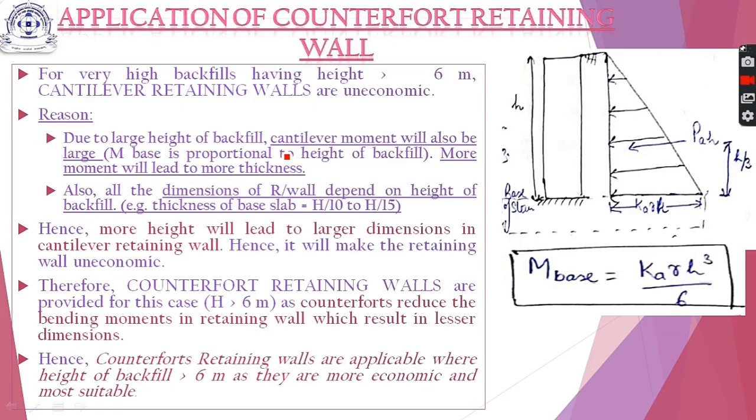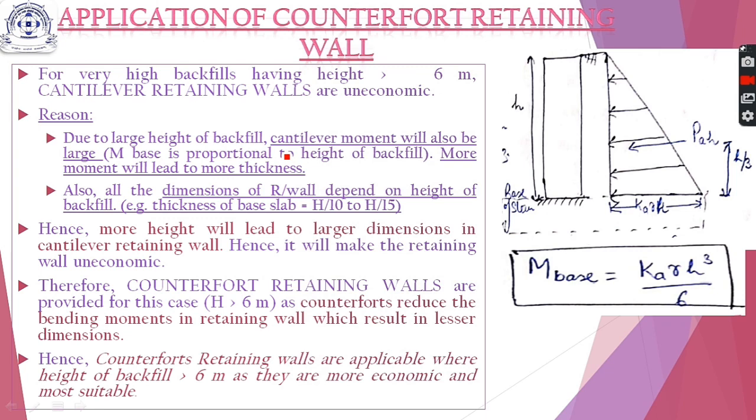Now before proceeding further, we must know the application of counterfort retaining wall. Like I have told you before, the counterfort retaining walls are provided for retaining backfill of height greater than 6 meter, and cantilever retaining walls are provided for retaining backfill up to a height of 6 meter.